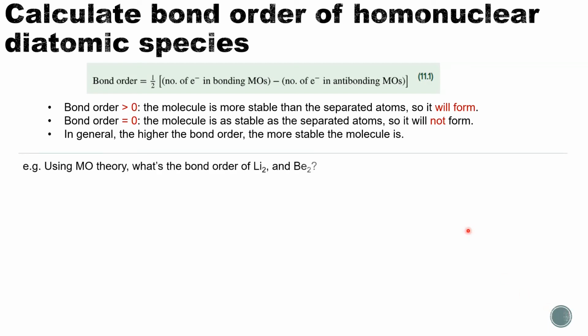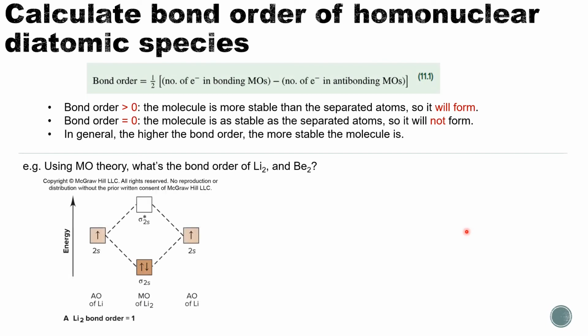Let's take a look at the question. Using molecular orbital theory, what is the bond order of lithium-2 and beryllium-2? Okay, for lithium, each lithium has 1s valence electrons. So each of them has 2s atomic orbitals.